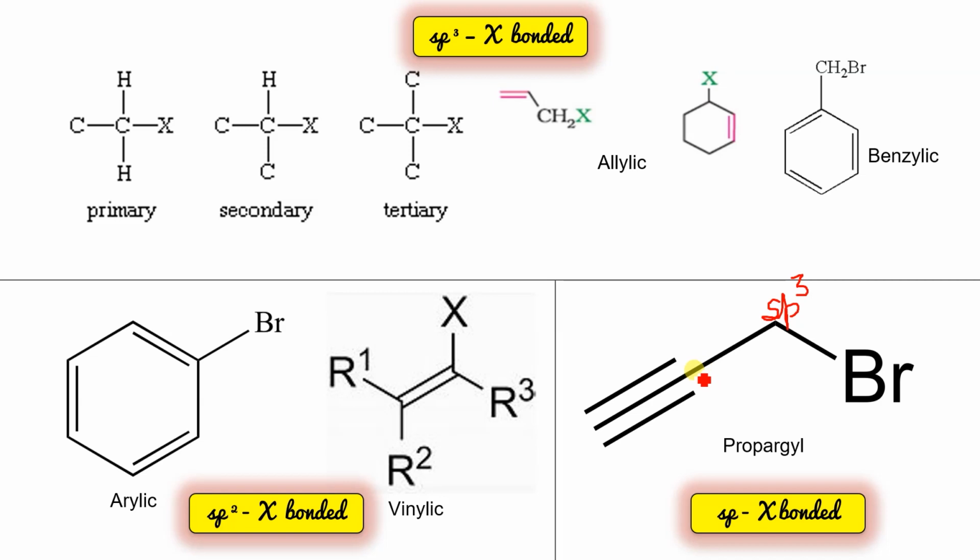Got it? Whatever carbon is there, that is sp hybridized. So if the halogen is attached to an sp3 hybridized carbon which is attached with an sp hybridized carbon, then it is called propargyl.